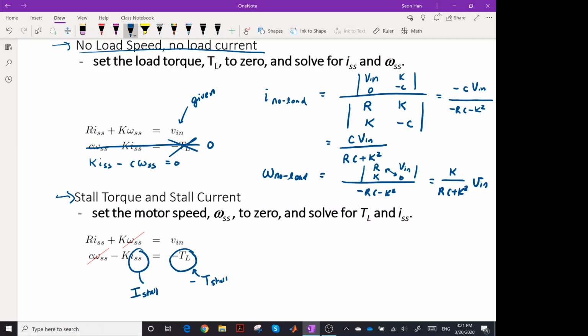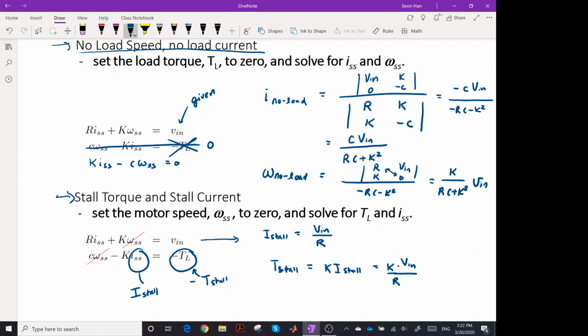So let's see. This is actually easier than I thought. I'm trying to look for the stall current. From looking at this, the first equation gives you the stall current as V in divided by R. And then the stall torque is equal to K times I of the stall, which is K times V in divided by R. Okay, here it is.